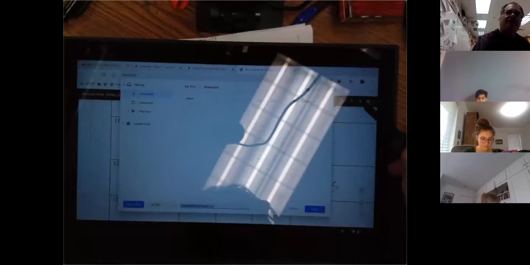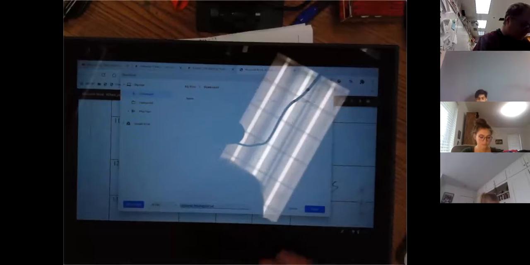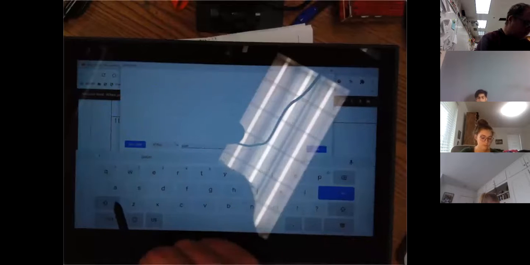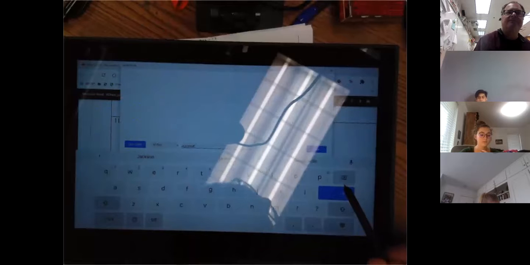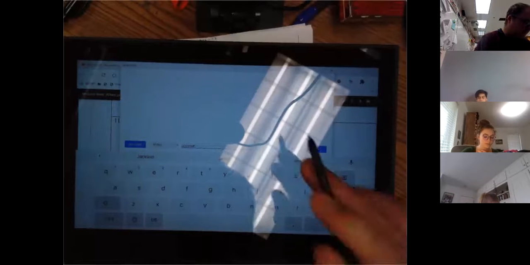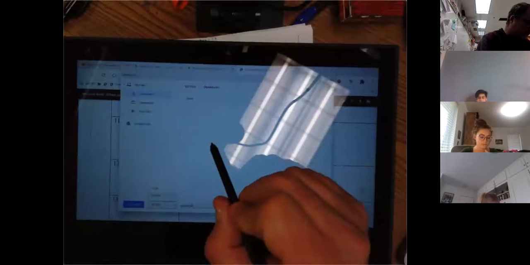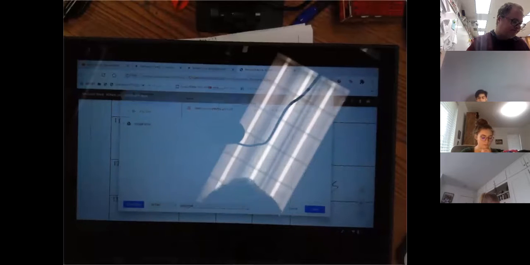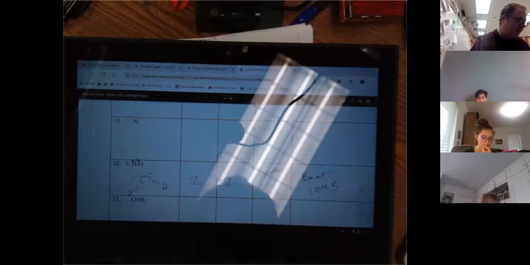That might be a trick. Again, make sure you put your name in there, and make sure you leave that .pdf on there. I can put that right in my homework file there. Boom. And then that will be in my drive.